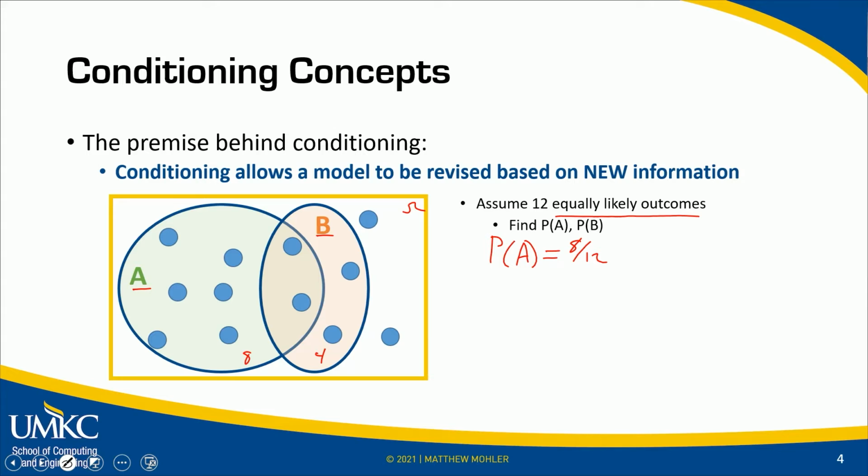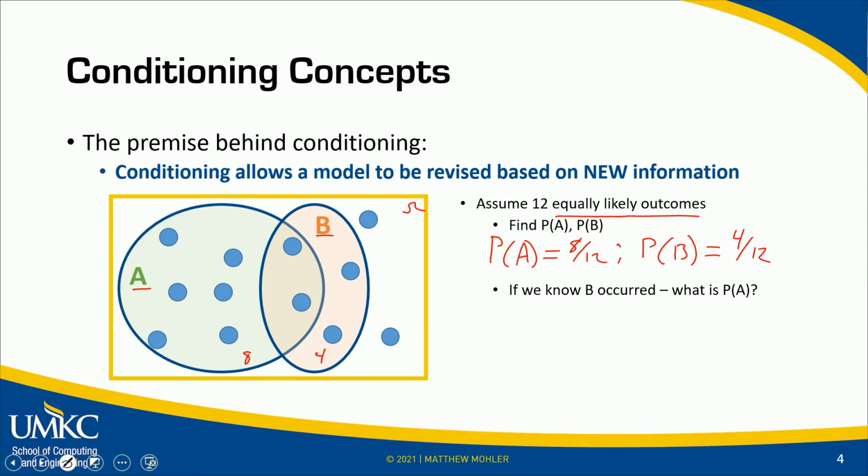Now, the probability of B is, again, very similarly, just the number of outcomes within B divided by the total possible number of outcomes. In this case, B has 4 outcomes, so the probability of B is equal to 4 divided by 12, which again, there's 12 total possible outcomes in our sample space omega.